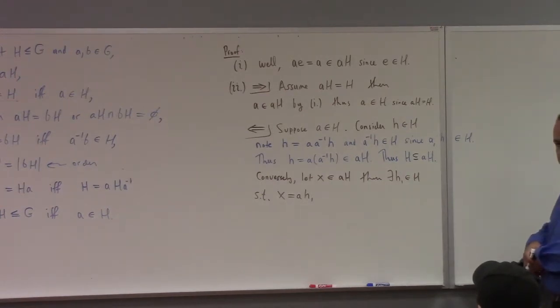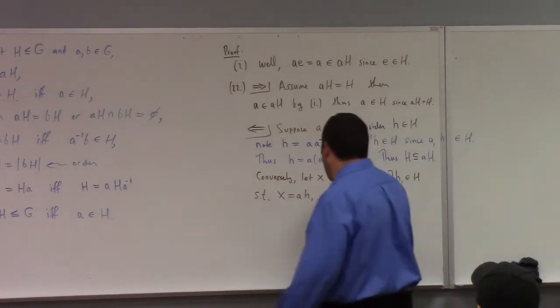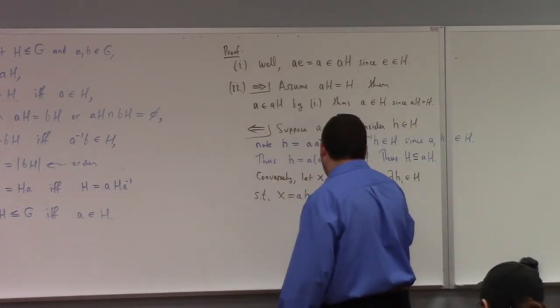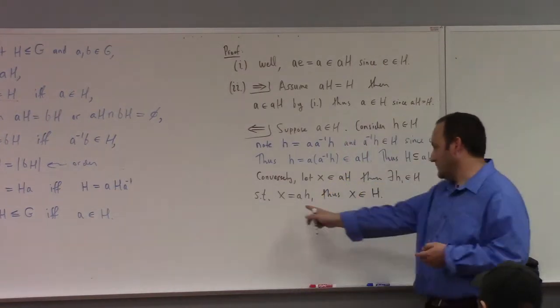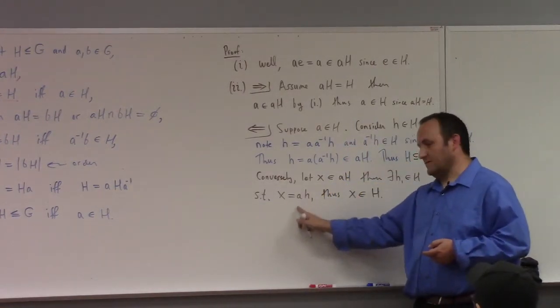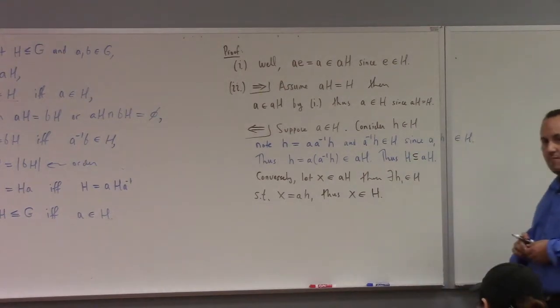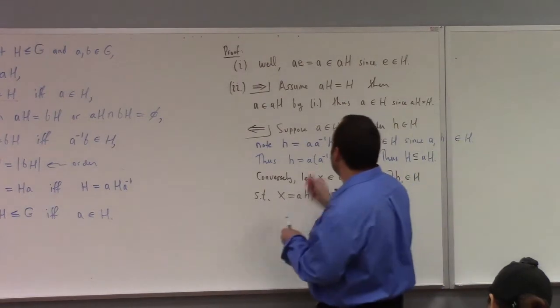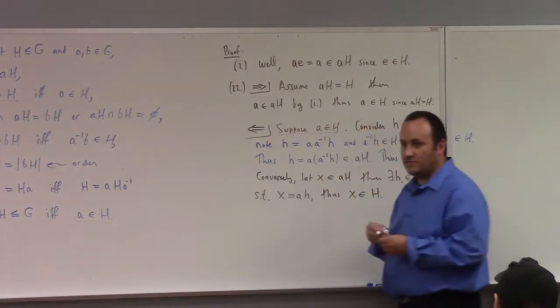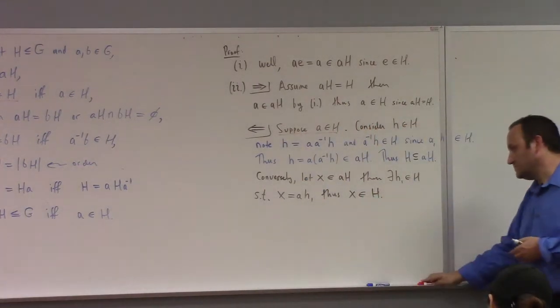So by closure of multiplication of the subgroup, this is an element. Right? I mean, because we've shown it's a product of things in the subgroup. Remember, I'm still assuming that A is an element of H throughout both of these.